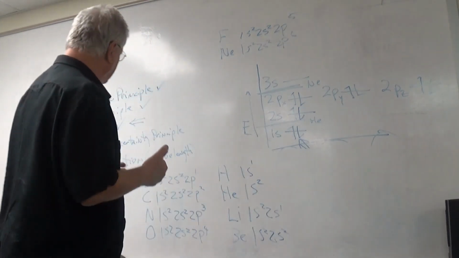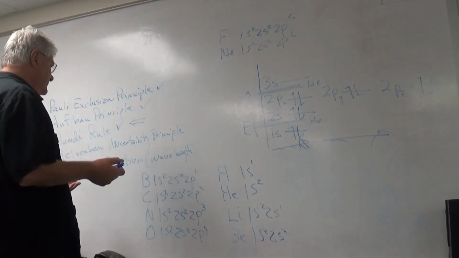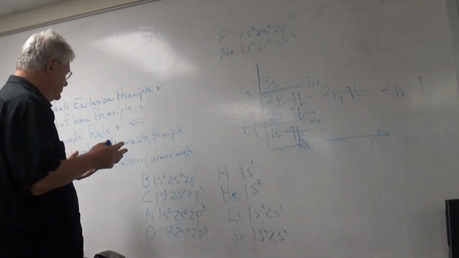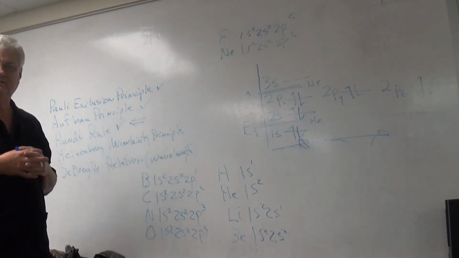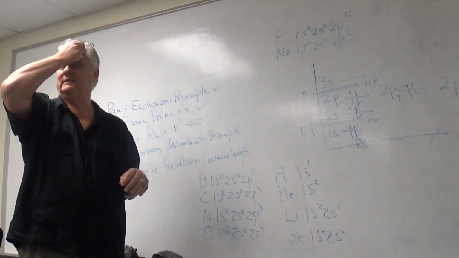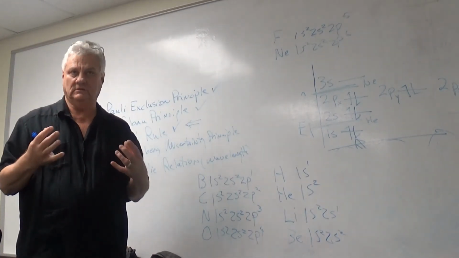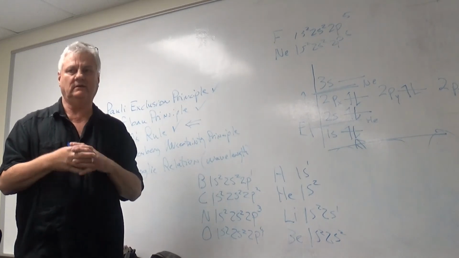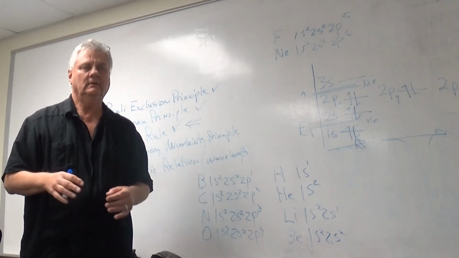The Heisenberg uncertainty principle, I don't think we covered it, and I think part of the reason is there wasn't a slide that discussed it. And it's really kind of an important idea, even though you don't use it for determining electron configurations or anything.